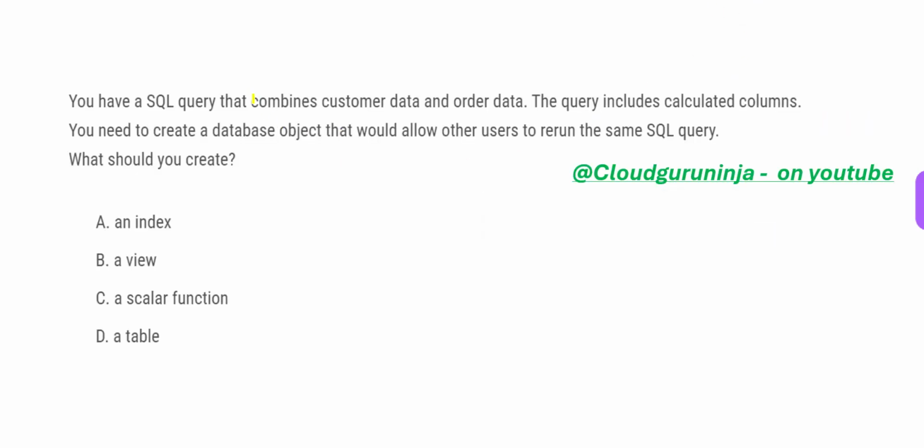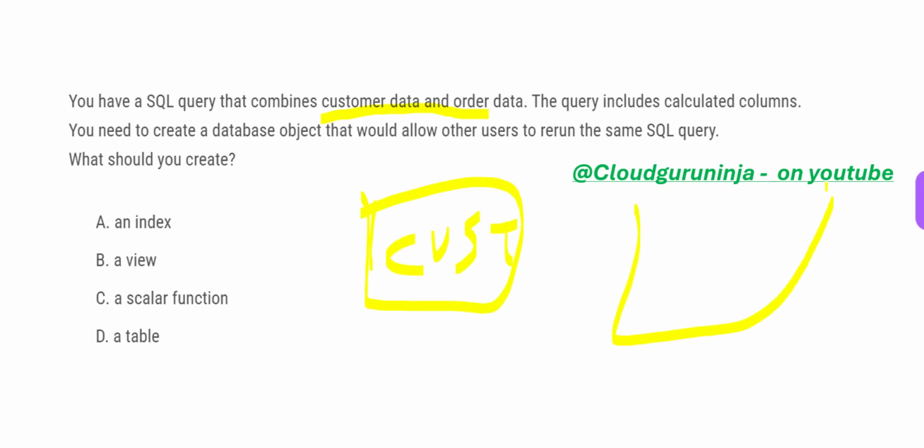This next one, you have a SQL query that combines customer data and order data. So you have a customer table, cust, and you have an order table. So you are writing a query to combine these two data sets. Okay? And you have calculated columns.